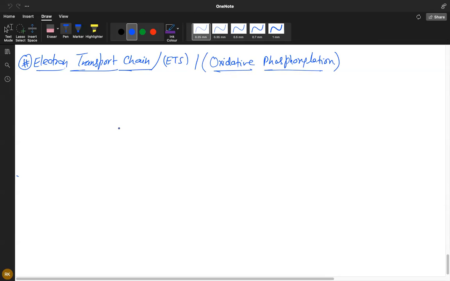So write down certain things. First thing, in the TCA cycle, NADH plus H plus and FADH2 are high energy molecules.